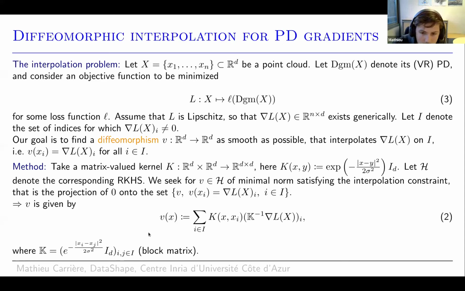Here K is a big block matrix. You see, it's the Gaussian kernel extended to a diagonal matrix, and then this K is a big block matrix formed by all these diagonal matrices that I have to invert, and then apply the kernel itself on it.